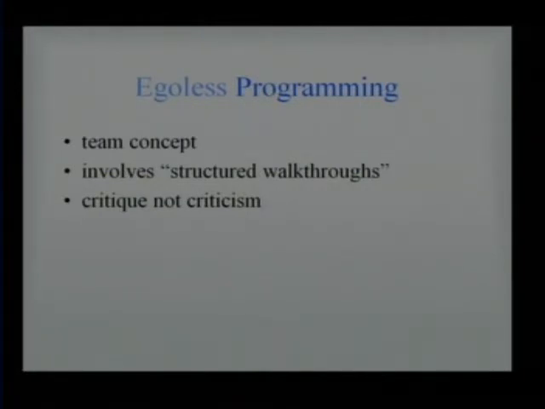And it can be very uncomfortable sometimes for the programmer who's trying to defend his work. But you have to realize that they're giving you a useful critique. They're not criticizing you. They're trying to make the program better. If someone can say something and I can improve my program so that it doesn't cost someone their life, then it's worth it.